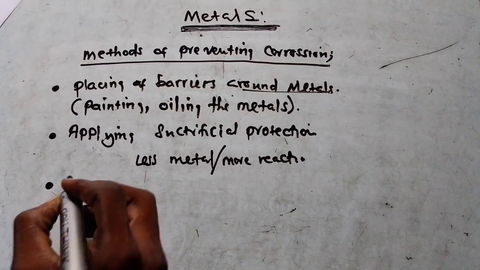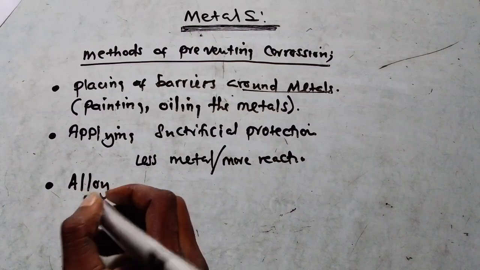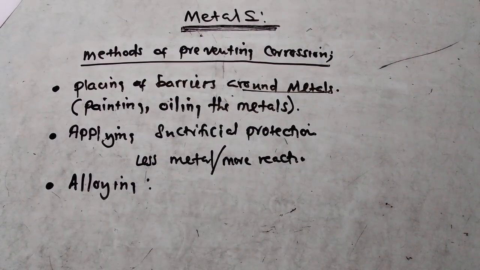Third one is alloying. So what do we mean by alloying? We can combine non-rusting alloys.